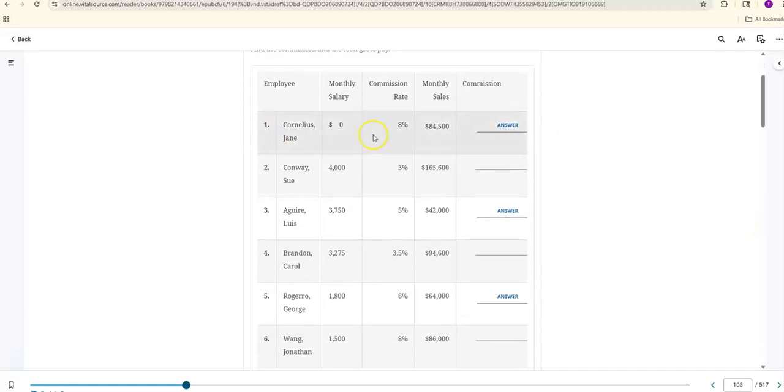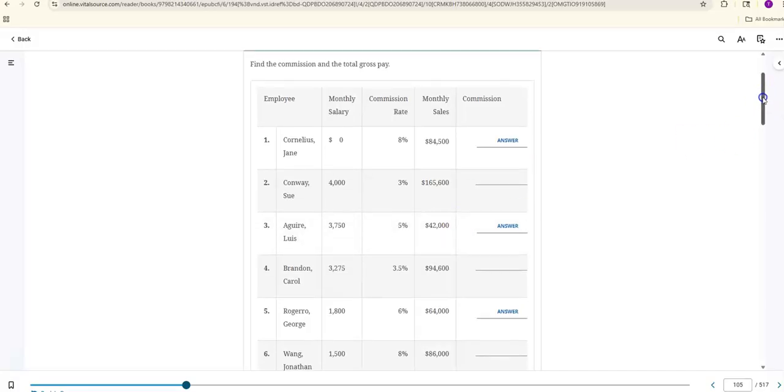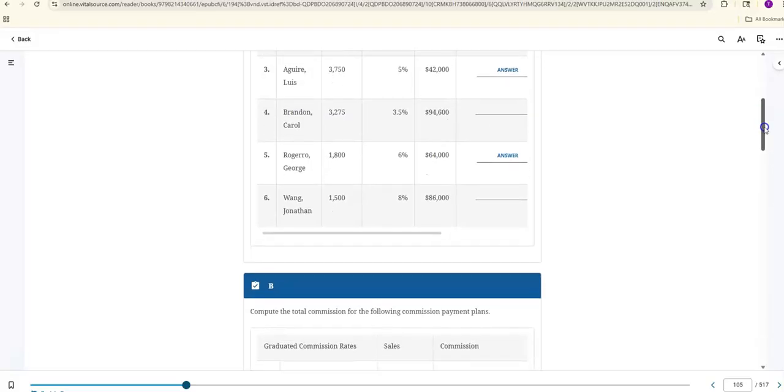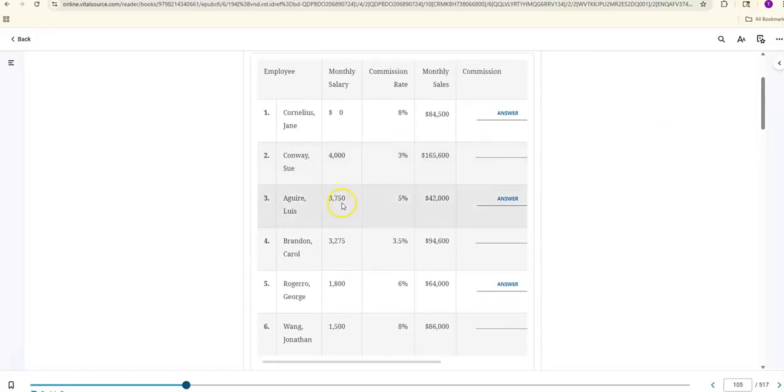I am going to just go over one or two problems here from each section. And so let's take a look actually at number 3 here. So let's say that Lewis has a base salary of $3,750 per month. And he earns a 5% commission rate on all of his monthly sales.